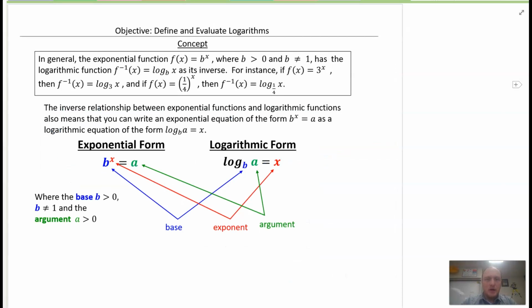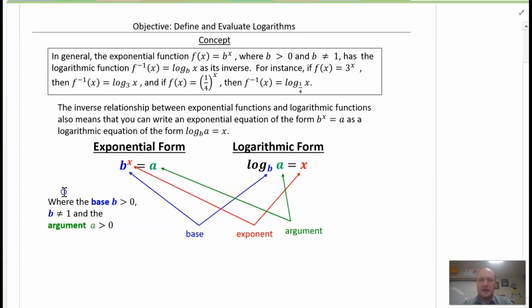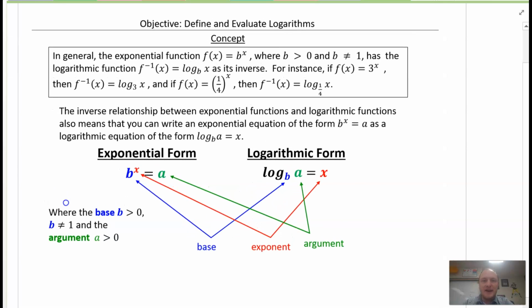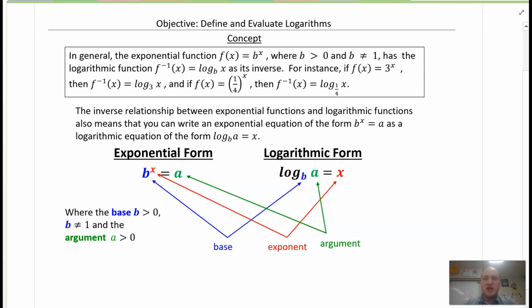So how do we define a logarithm? In general, the exponential function f of x equals b to the x, where b must be a positive value that's not 1, has the logarithmic function f inverse of x equals log base b of x as its inverse. Again, the diagram is down here. This will make it very clear.